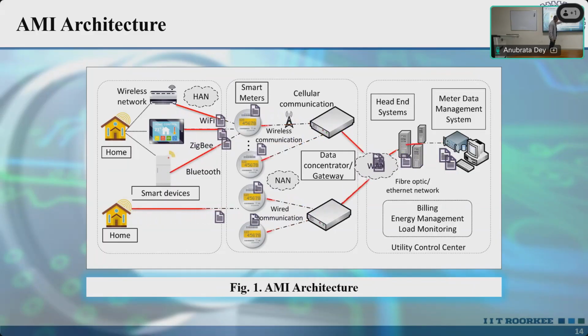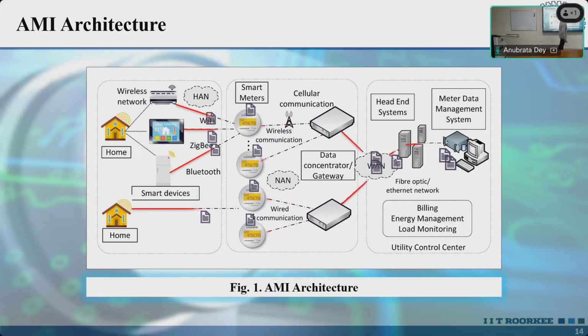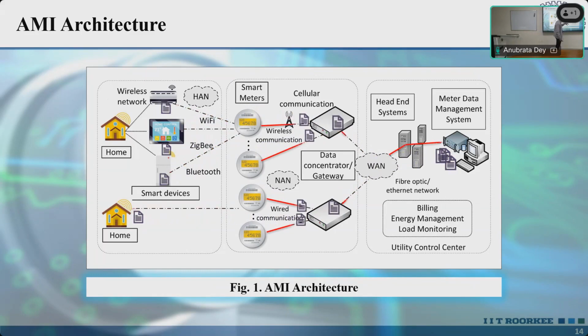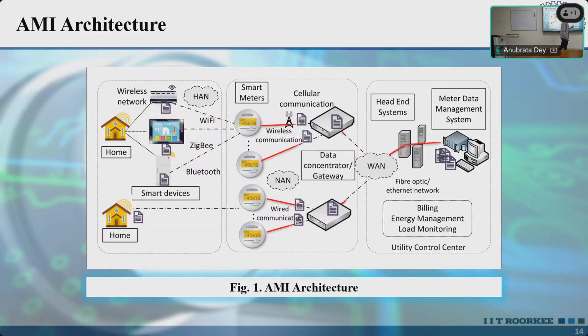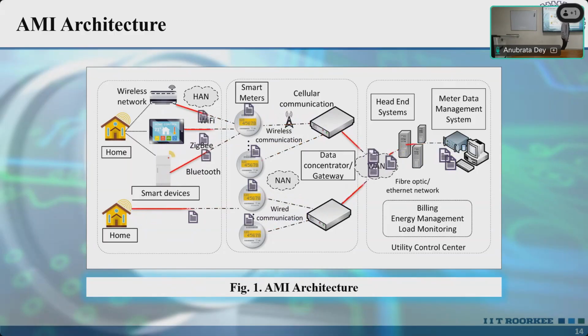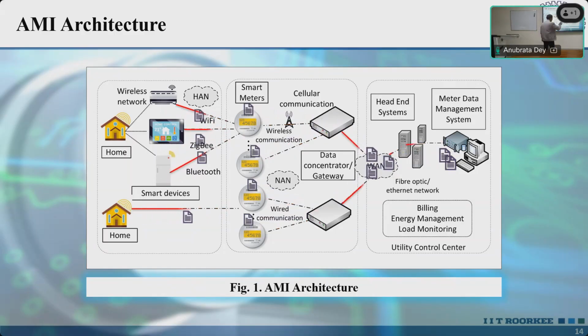Similarly in the middle, they are capturing this type of data from different houses or colonies. Then all this data captured throughout the cities is given to your utility control center, where your final application, the meter data management system, exists. So this is the normal architecture of the AMI.